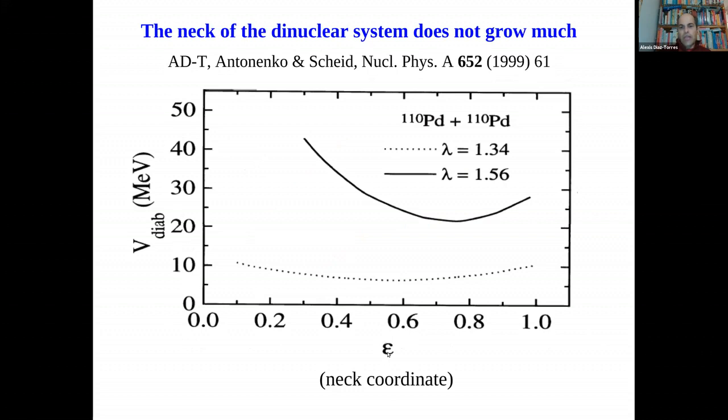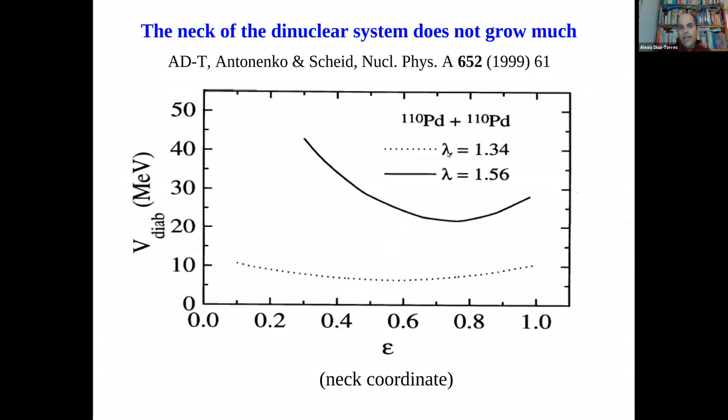As I said, when epsilon is large, the radius of the neck is small, and lambda equal 1.56 is an elongation which is close to the touching configuration between the two palladium nuclei. The value of epsilon is about 0.8, 0.7 here, and this minimum of the energy is the optimal value for this dinuclear system.